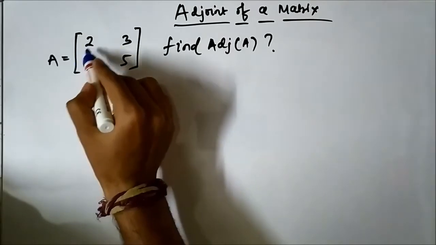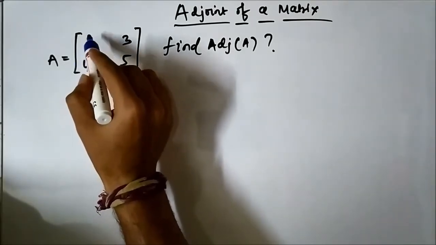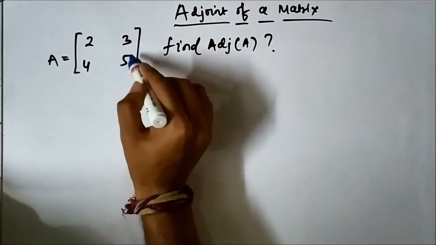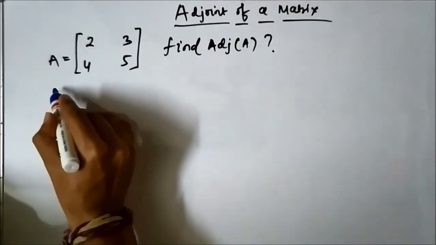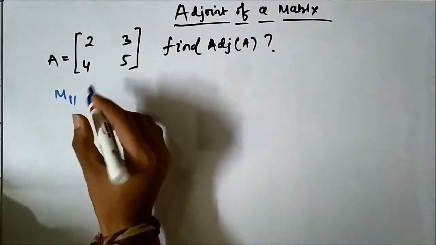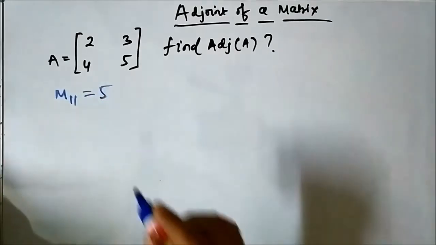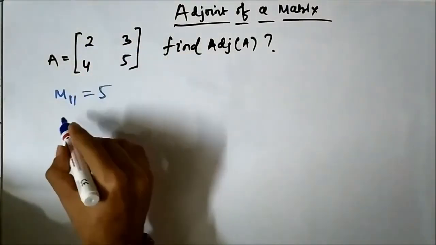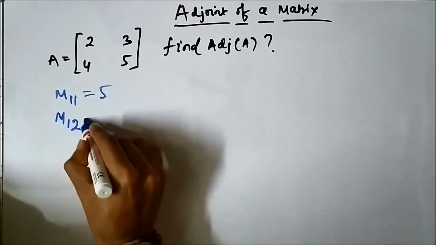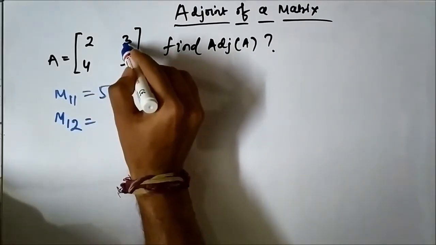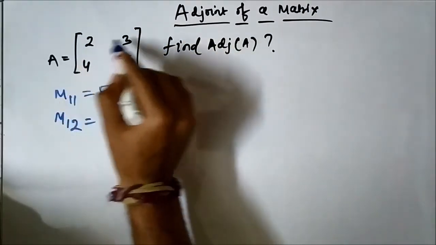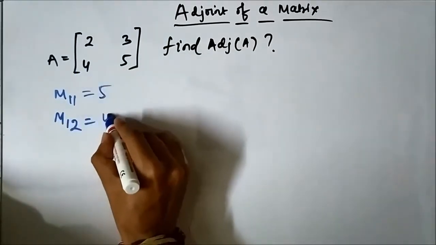The minor of this element 2, which is present at the intersection of the first row and the first column: we remove this row and this column, so the only element remaining is 5. So M11 is equal to 5. Next, M12, that is the minor of element 3, which is present at the intersection of the first row and second column. We remove this row and this column, and it is 4.